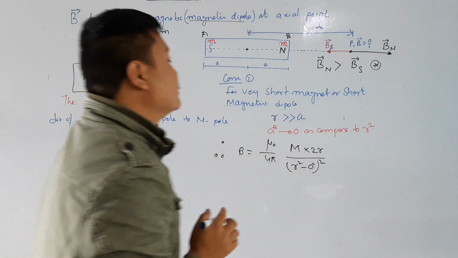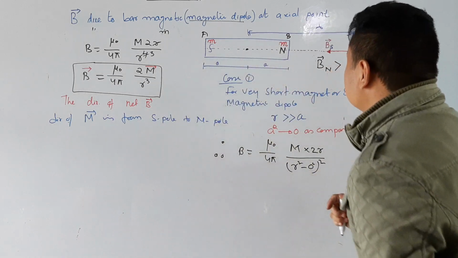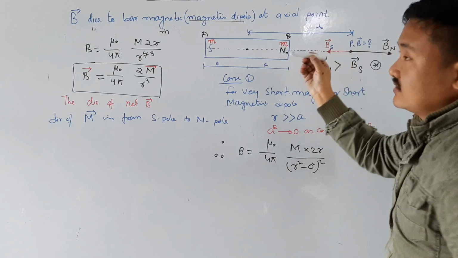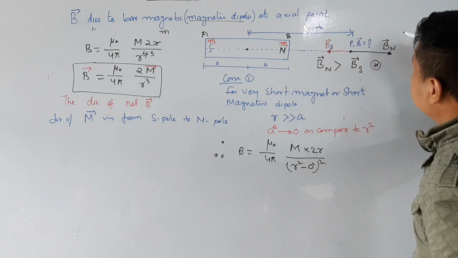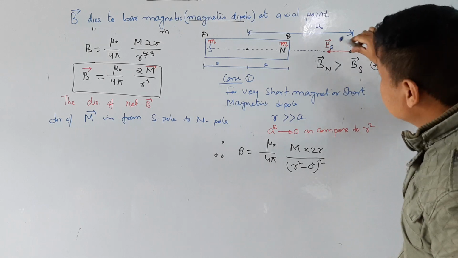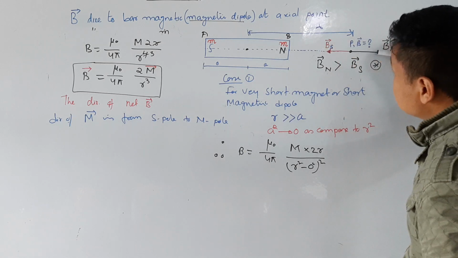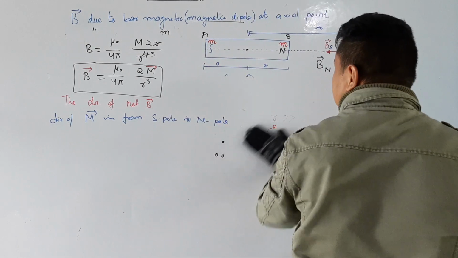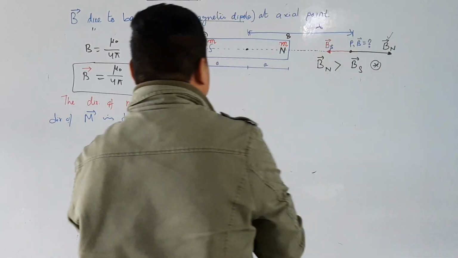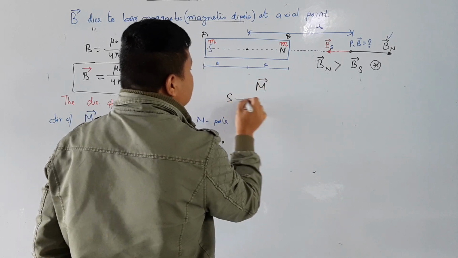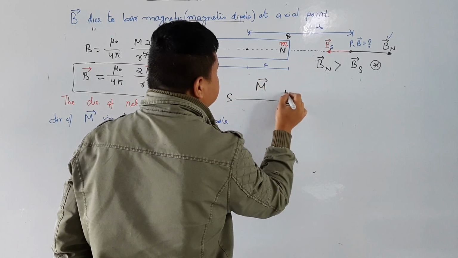Now if you see here, where will be the net magnetic field, this side or that side? This side, because this B is large, so it will win and it will go in this direction. And the magnetic moment is from south to north.